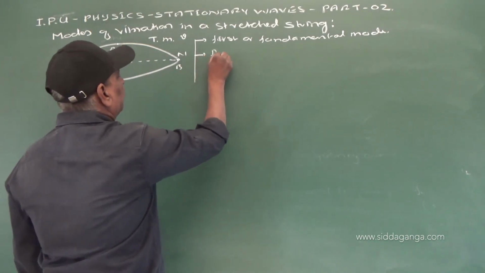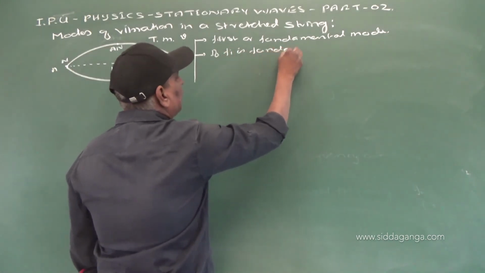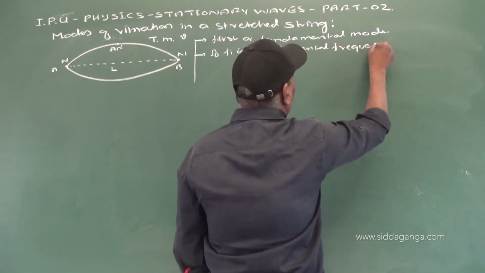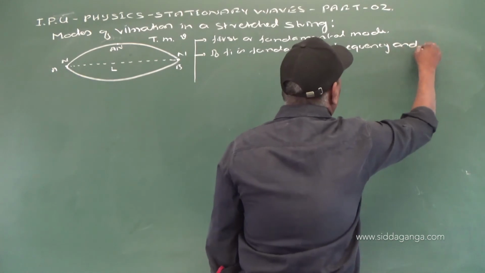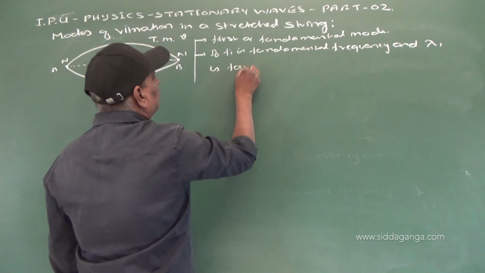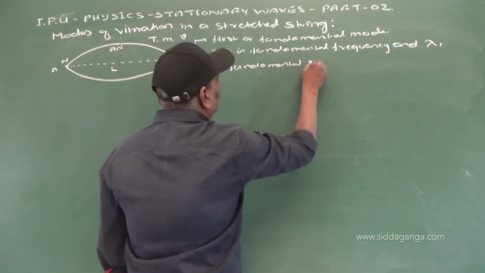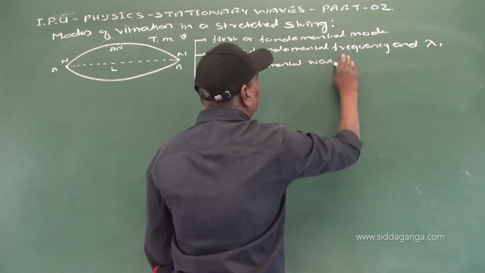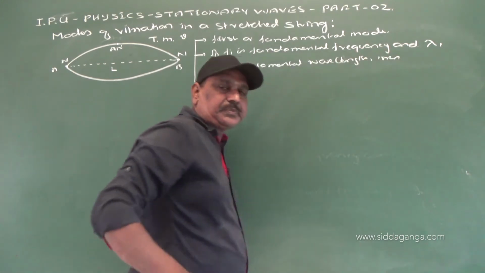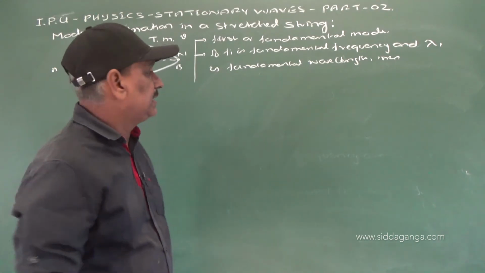If F1 is the fundamental frequency and lambda 1 is the fundamental wavelength, then we have the relation between velocity, wavelength and frequency.